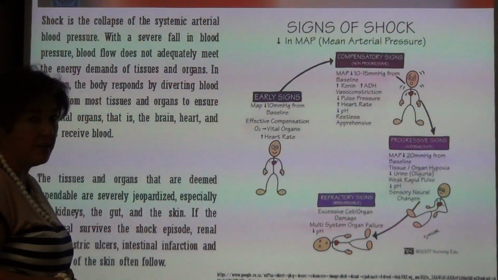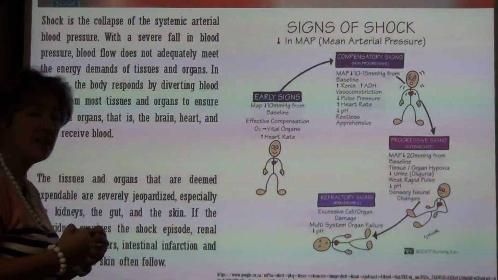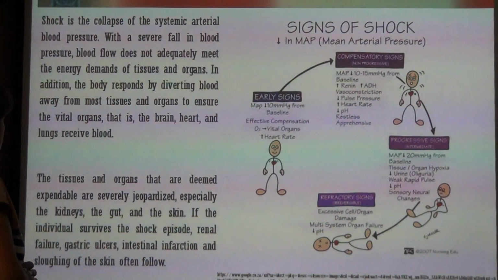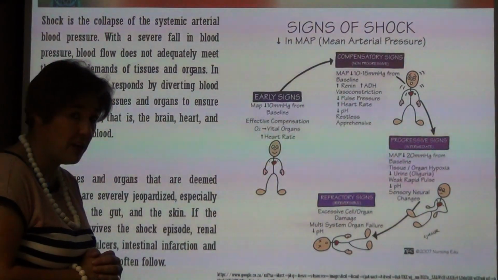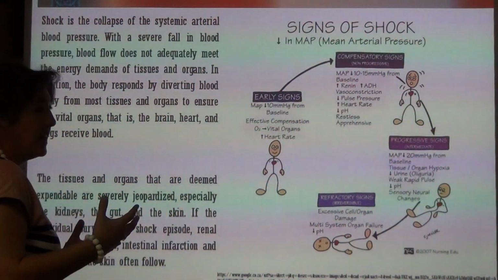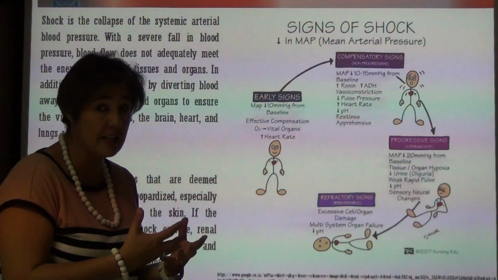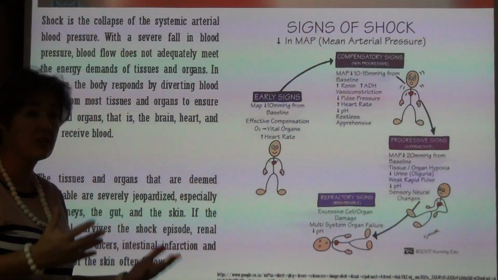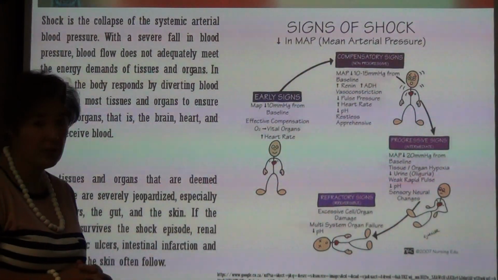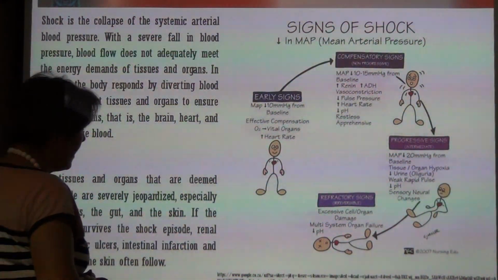Gastric ulcers can develop due to the fact that the mesentery or the intestines have been deprived of oxygen. And then we can also go into renal failure due to the fact that we have shut down the kidneys. We've stopped them from doing their daily job of excreting urine because we want to retain the urine.